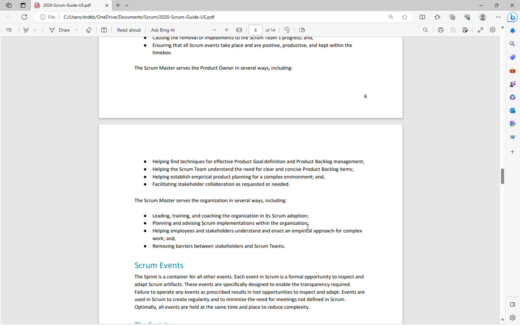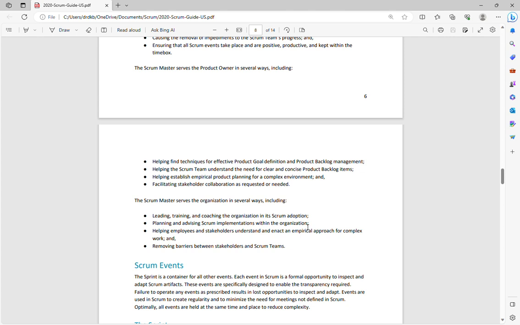If the Scrum Master is working with a current team and the team has successfully implemented the Scrum framework, in that case the Scrum Master can showcase that example of the current team to the other organizational areas, or the Scrum Master can establish a small Scrum studio on a trial basis and let the rest of the organization see the difference in their way of working. So that is how they can help with planning and advising the Scrum implementation within the organization.